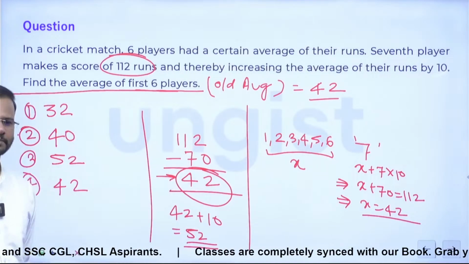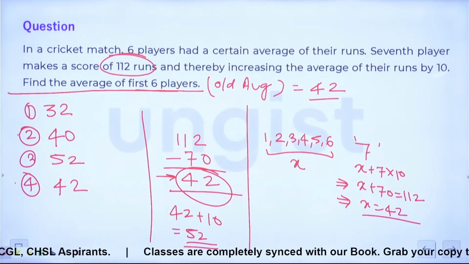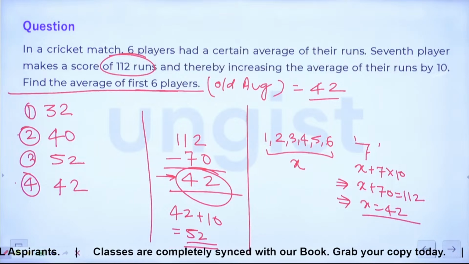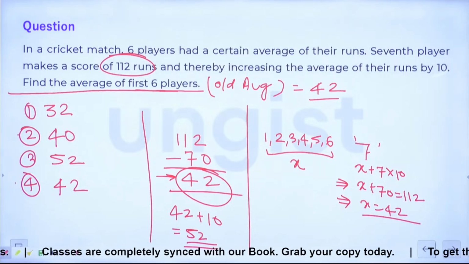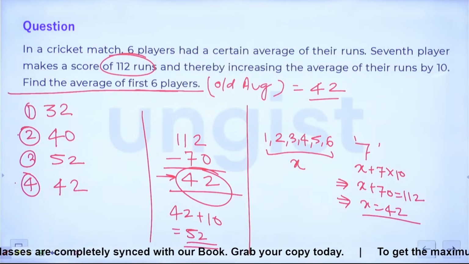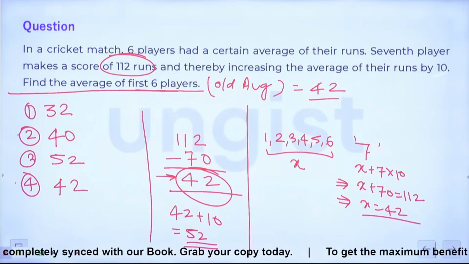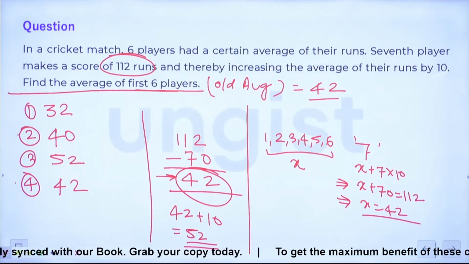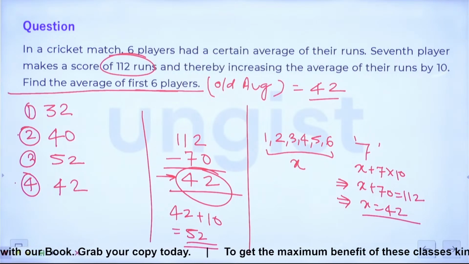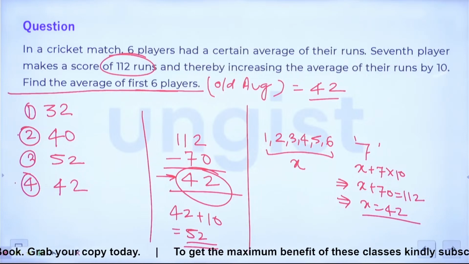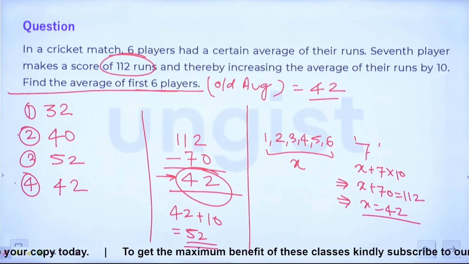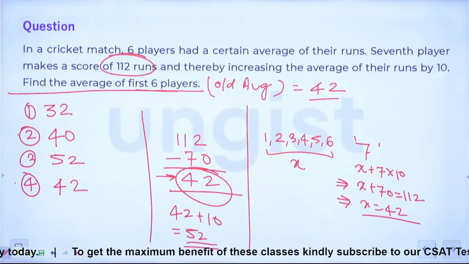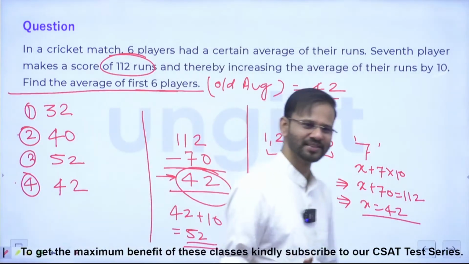Everybody done? The correct answer is 42, guys. Everyone fine now? Any doubt, any confusion, any query, friends? Any problem? No? Comfortable? All of you?